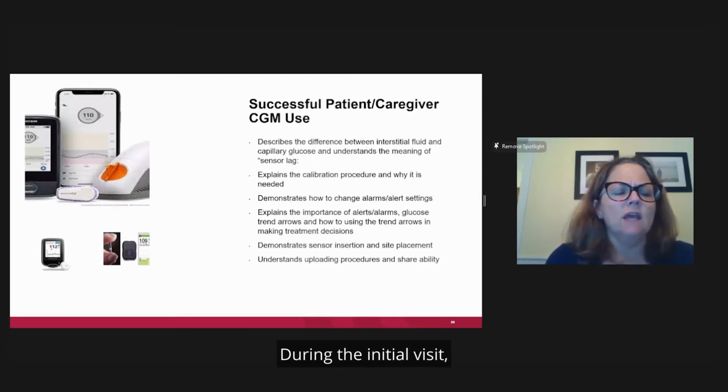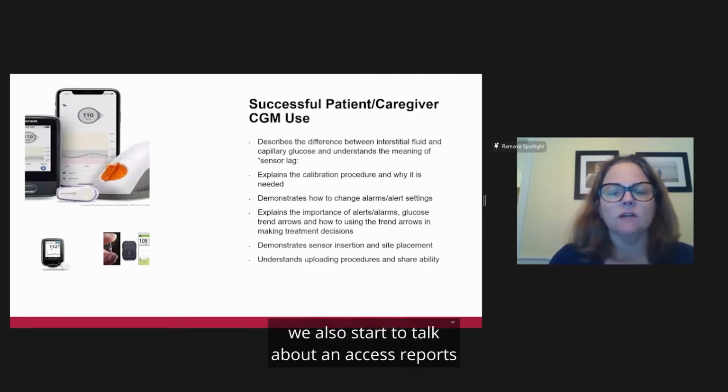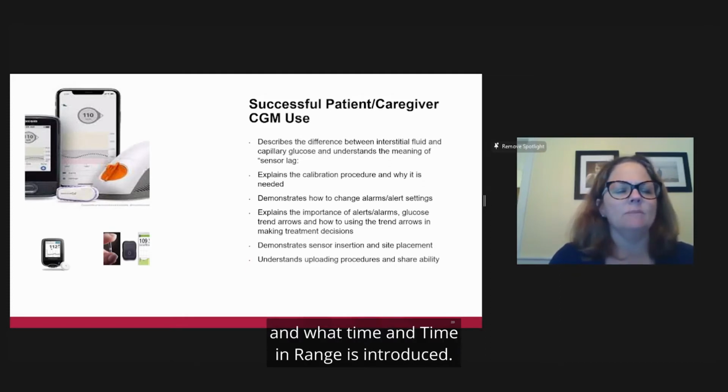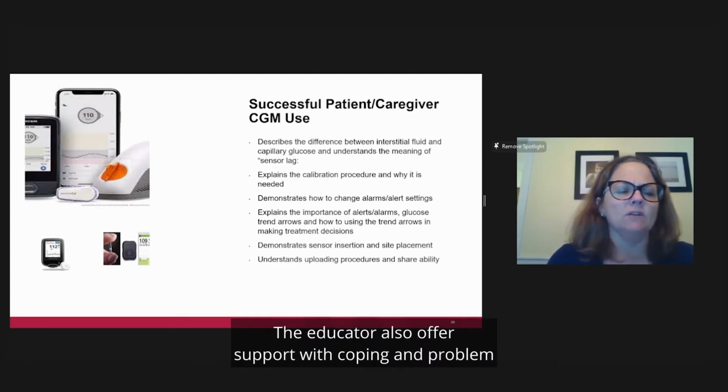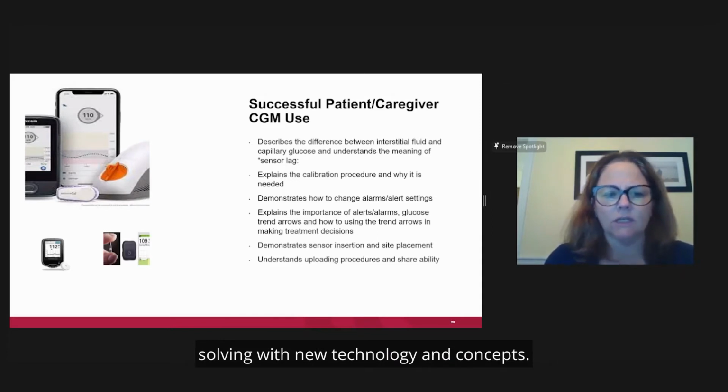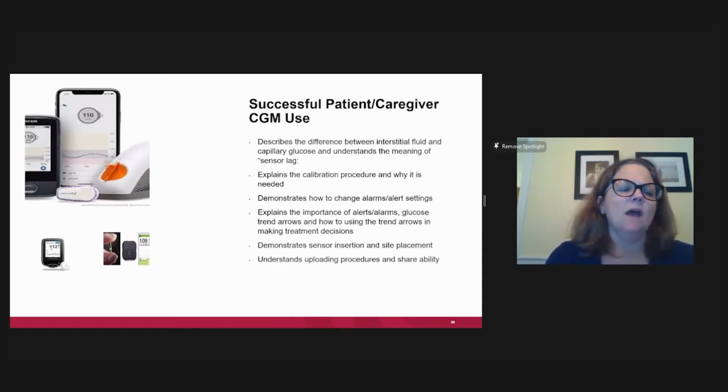During the initial visit, we also start to talk about and access reports, and time in range is introduced. The educator also offers support with coping and problem solving with new technology and concepts.